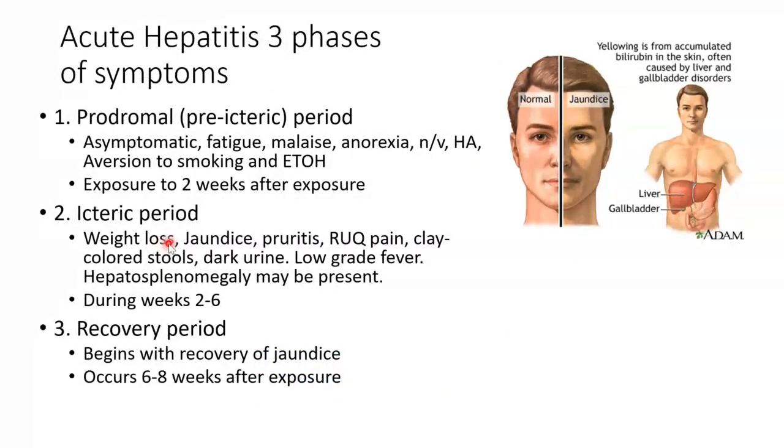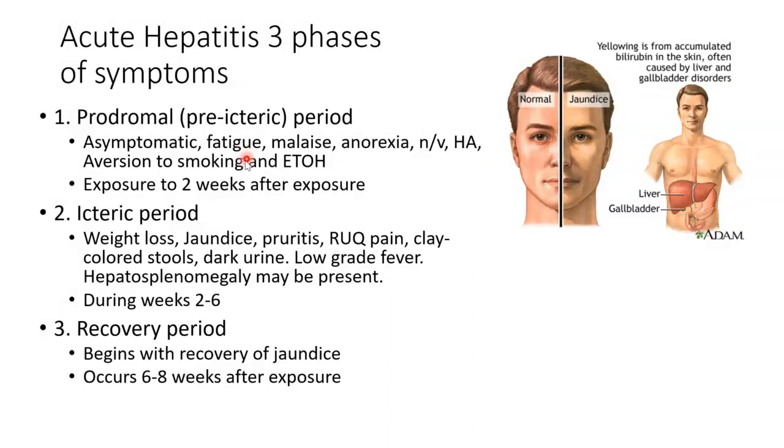So let's talk about the acute hepatitis 3 phases of symptoms. The prodromal or pre-icteric period often is asymptomatic. That's a problem, right? Somebody can be infected, sharing needles and having unprotected sex, and often be asymptomatic, or sometimes they just have signs of a virus.